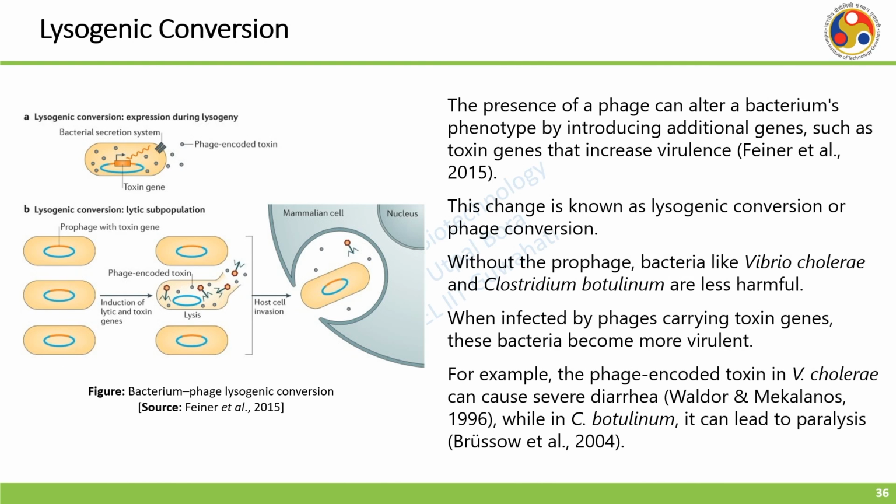So, here is the case of lysogenic conversion, where the lytic subpopulation phenomenon can be observed, where there is the prophage with toxin, and then here it produces phage-encoded toxin, and induction of the lytic and toxin genes which have got integrated here results in this phage-encoded toxin, which leads to the lysis.